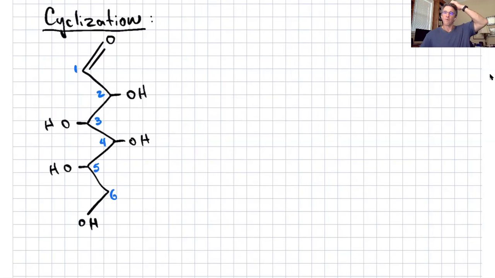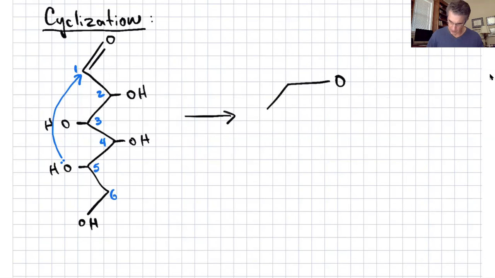So the most thermodynamically stable state of this molecule would be for this 6 carbon, and as I mentioned this also happens with the 5 carbon monosaccharides, if the alcohol group on carbon 5 nucleophilically attacks that carbonyl carbon, you form this closed 6-membered ring, which is the way you're generally going to see glucose drawn out.